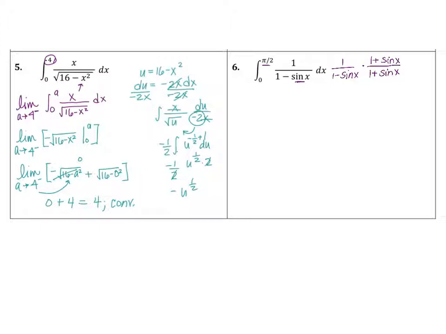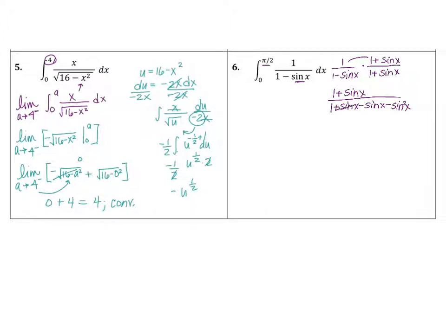And if I multiply this out, well, 1 times all of that is just going to give me 1 plus sine x. And then in the bottom, if I multiply this out, I'm going to get 1, and then I'm going to get plus sine x minus sine x. And then the last term is going to be minus sine squared x.